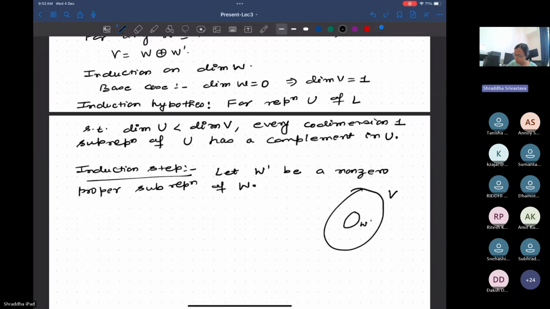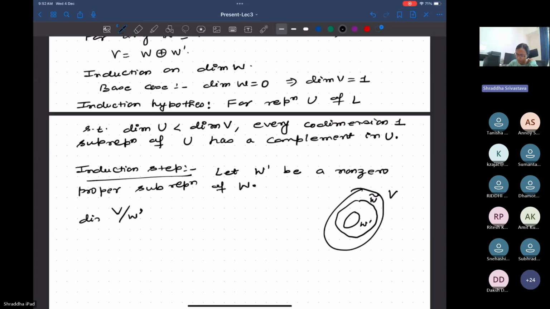So the idea is to look at the quotient, V mod W prime.